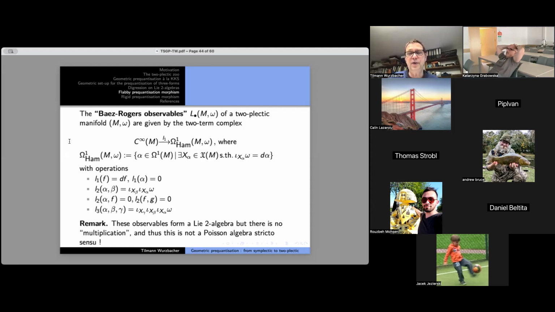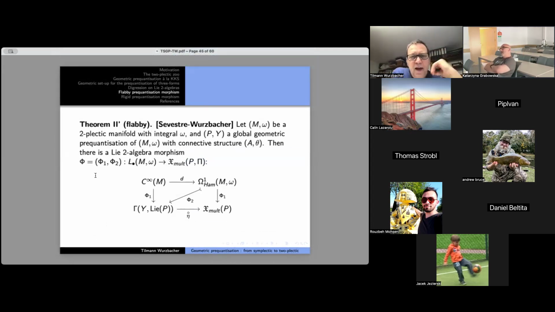So it's not a C-infinity(M) module. So from the point of view of a classical Poisson algebra, it's really not good. So I think there's work to be done.